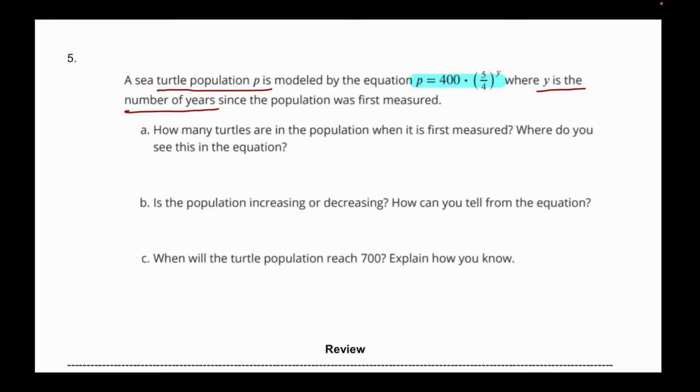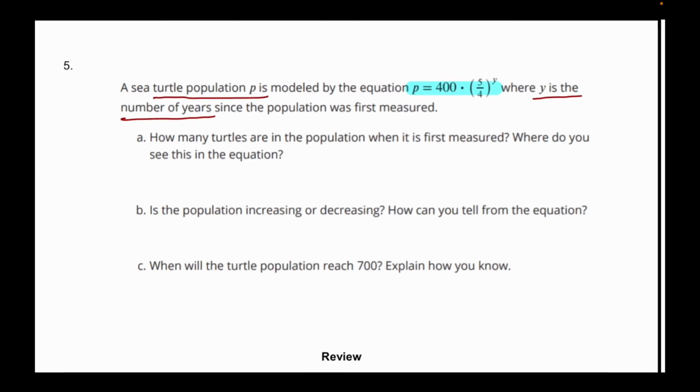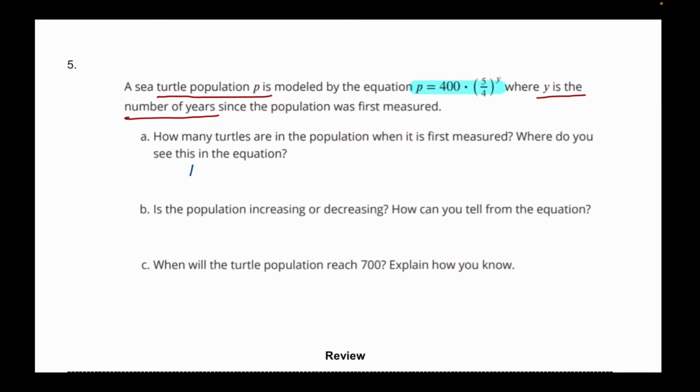So that is asking, hey, what is the initial value of this turtle population? And that is going to be 400. It's kind of our first number here, right? It's just right in front of our growth factor and our exponent.